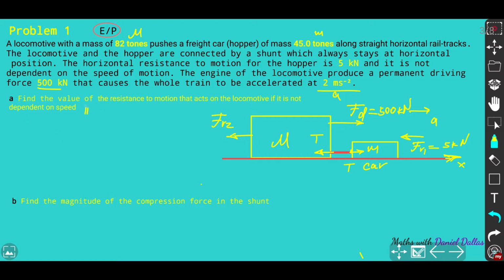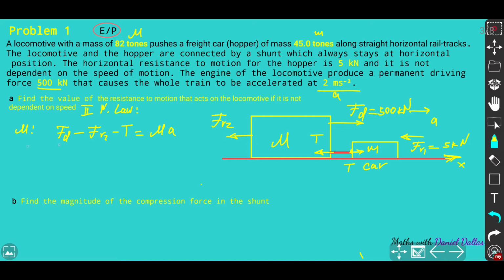Now we apply the second Newton's law and complete the equation. So for the locomotive, which forces act on it? First of all, it's going to be the driving force, F driving. Then we have minus Fr2, resistance to the motion, and minus T, which is going to be equal to m times acceleration. I'm not going to plug in the values until I know what to do, and I just want to figure out the whole formula first.